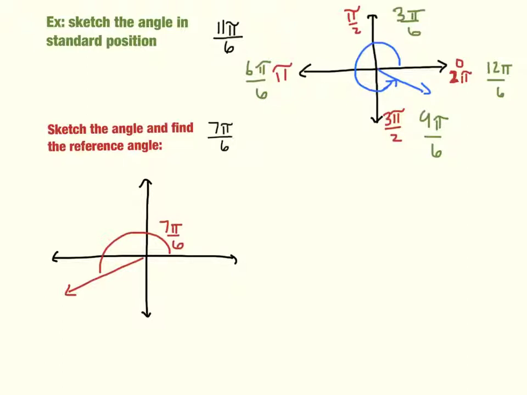Now, the reference angle is the acute angle that goes back to the x-axis. So I'm trying to find this angle right here. To find this reference angle, I only need this much, so I have all of this pi left over.